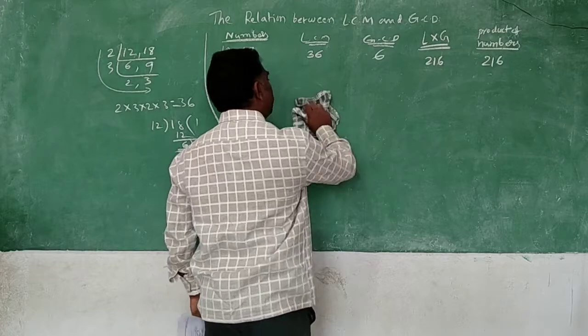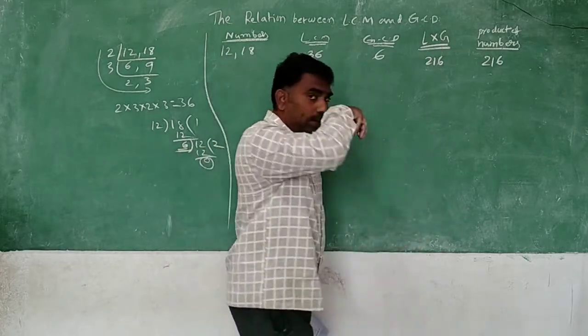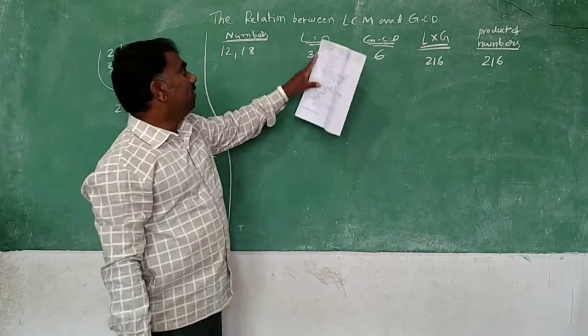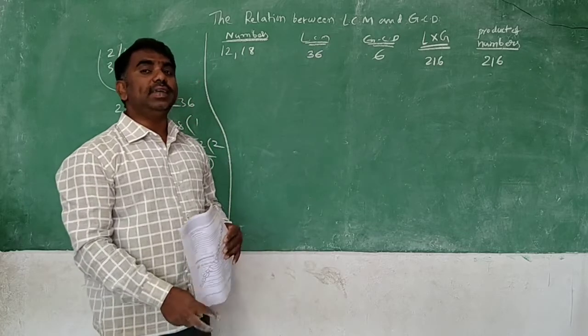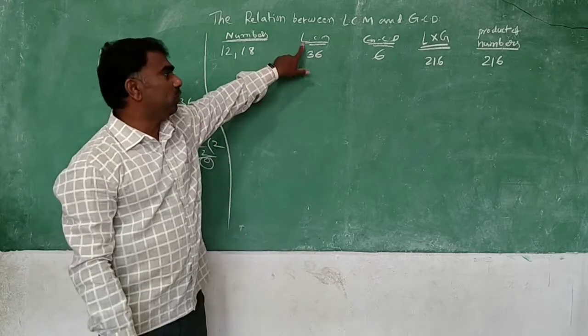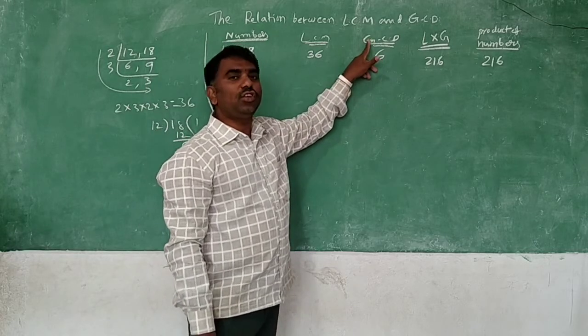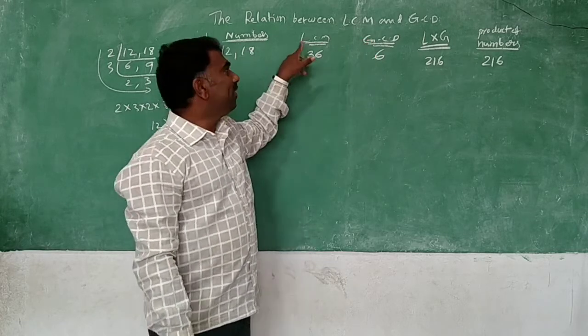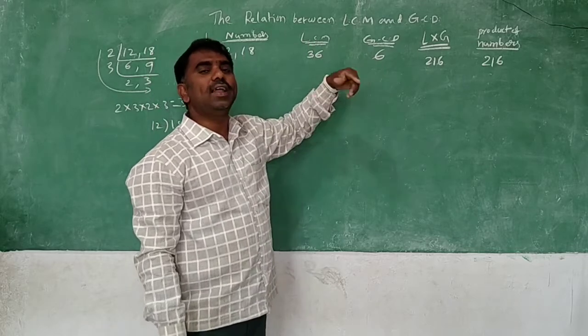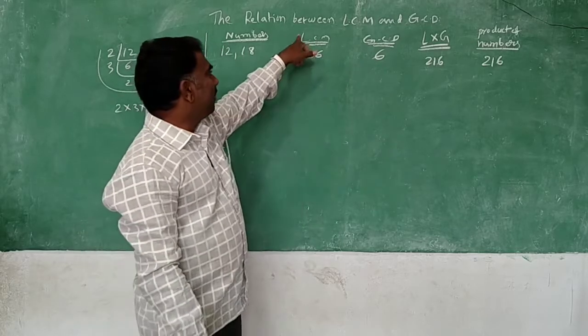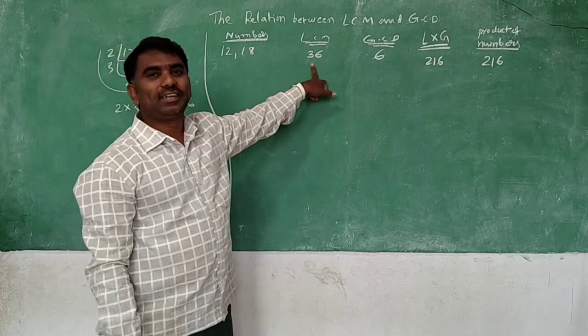One more thing you observe carefully: LCM means in the word it is least common, least, but the answer you see here is greater. In this it is least, in that it is greatest. But the answer is more than this one.